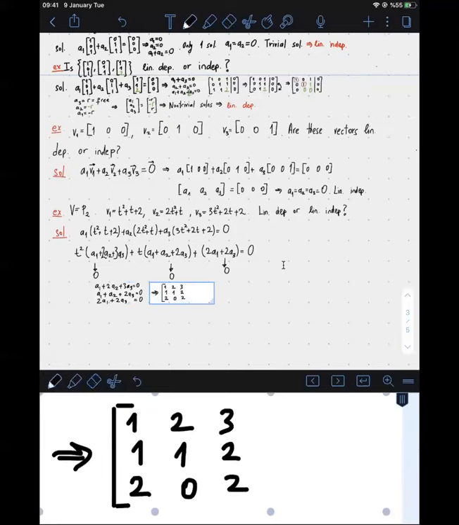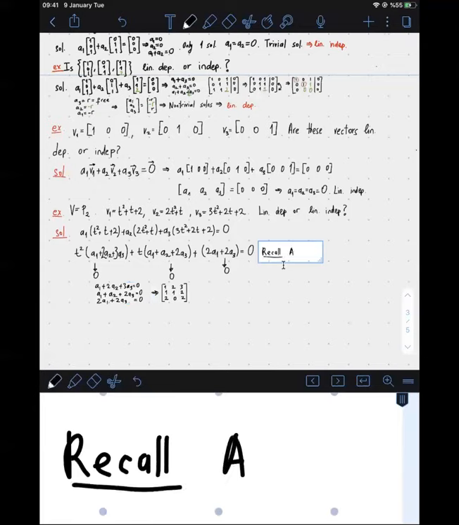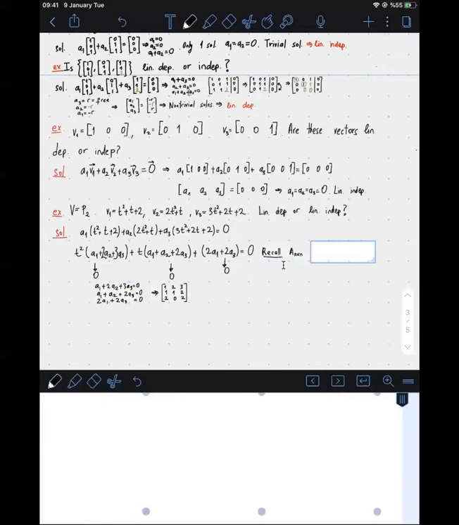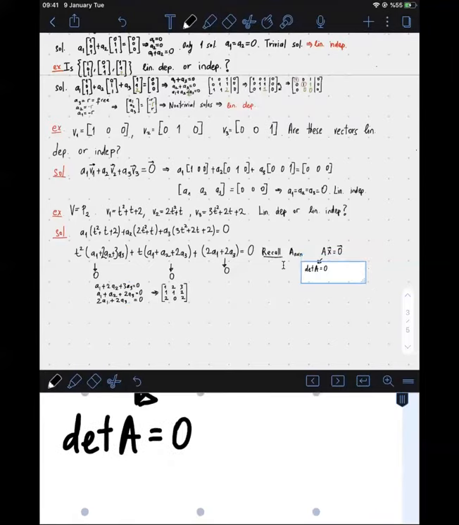So let's just consider the matrix, okay? So remember, let me recall here. If I have n by n matrix and I look at this equation, Ax equals 0 vector. So there are two cases. If determinant of A is 0, then we have non-trivial solutions.